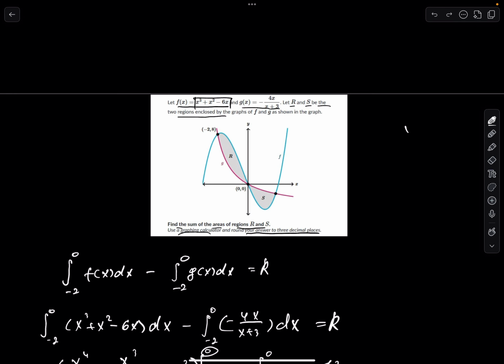Let me do it real quick. So f of x is equal to x cubed plus x squared minus 6x, and g of x is equal to negative 4x over x plus 3. So the first intersection is at x equals negative 2, the second is at 0, and the third is at 1.82843.